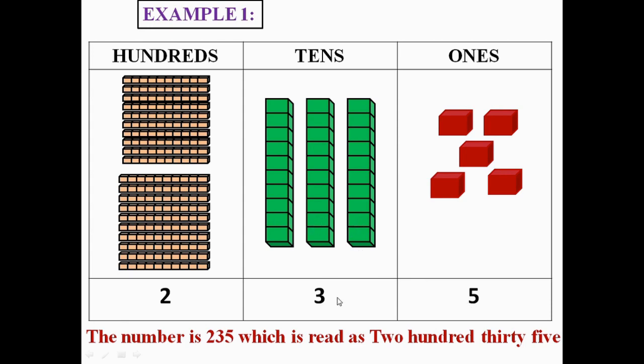So the number 3 is written under the tens column. And there are 2 hundreds. 100, 200. So the number 2 is written under the hundreds column. So the number is 235, which is read as 235.